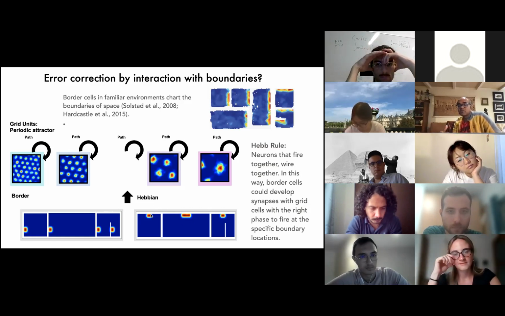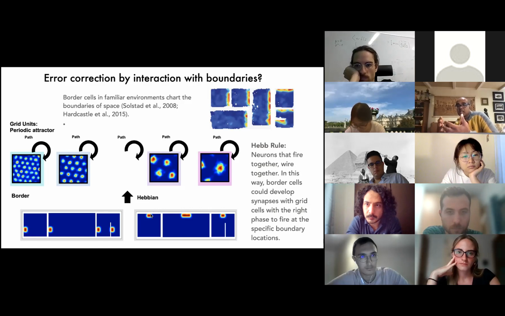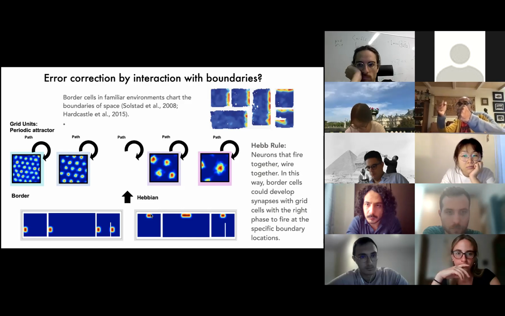Now, the border cells and grid cells are all mixed up together in the entorhinal cortex. It's entirely feasible for them, if they fire together, to develop synapses together. So if that happens, suppose this grid cell begins to drift. Well, this border cell, when it fires at this boundary, will go boom and shift the grid cell back into phase.